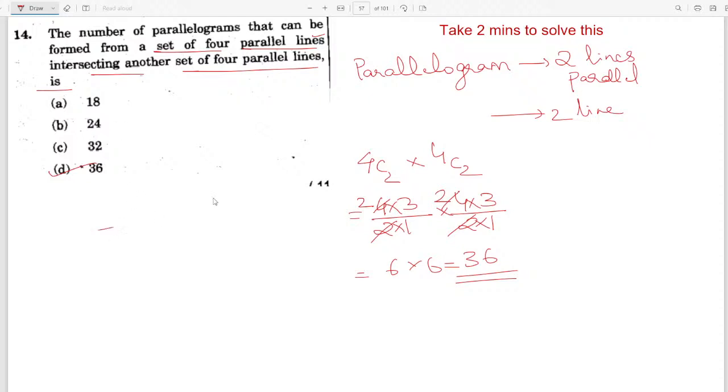See, there are four parallel lines like this, and another set of 4 parallel lines that are intersecting this.